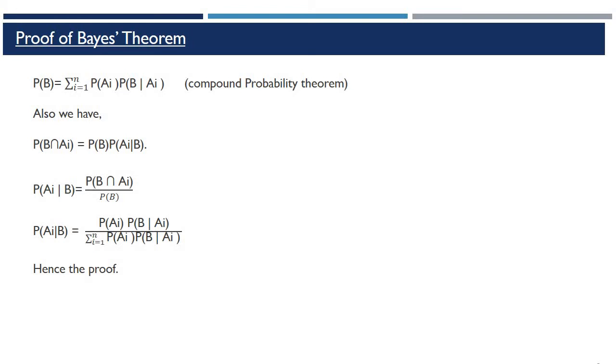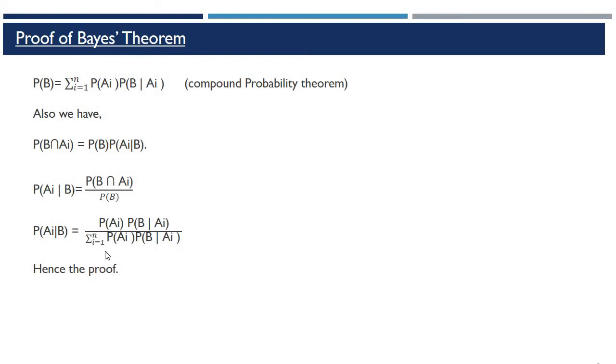Also we have probability of B intersection Ai, that is equal to probability of Ai by B into probability of B. So we can write probability of Ai by B, taking this to the opposite side, as probability of B intersection Ai divided by probability of B. Therefore probability of Ai by B is equal to probability of Ai into probability of B by Ai divided by summation i equal to 1 to n probability of Ai into probability of B by Ai.